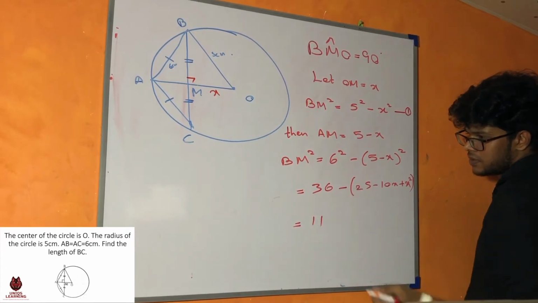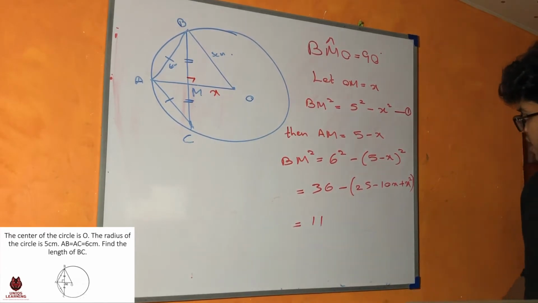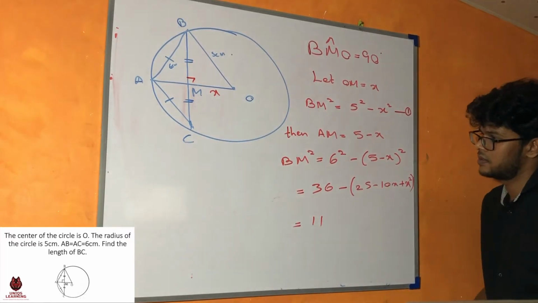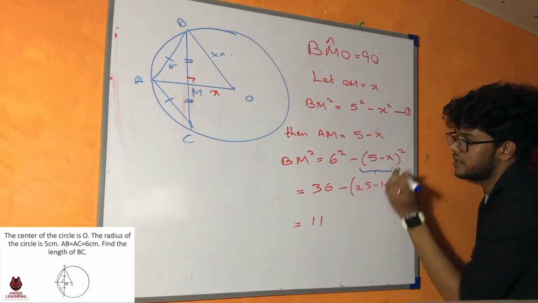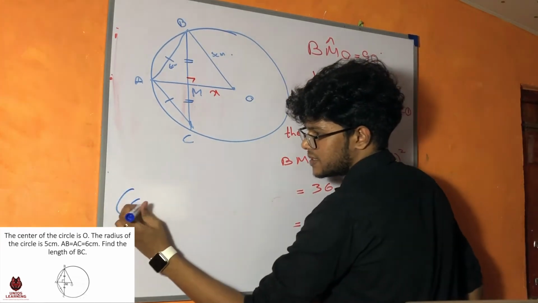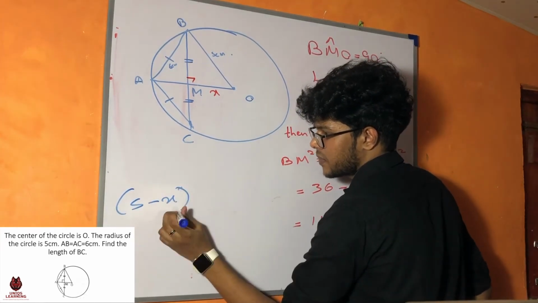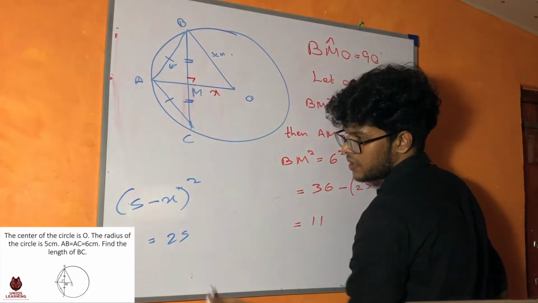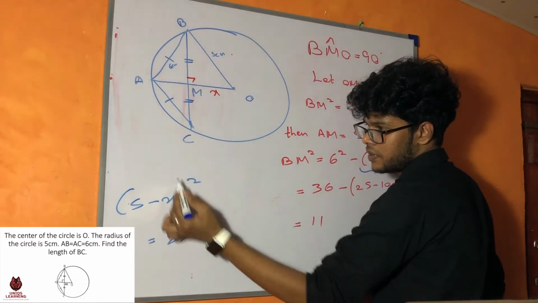Then how is 10x plus x squared? Yeah, you square this. How can you square it? (5 minus x) whole thing squared. First term square, 25. First term into second term into 2.